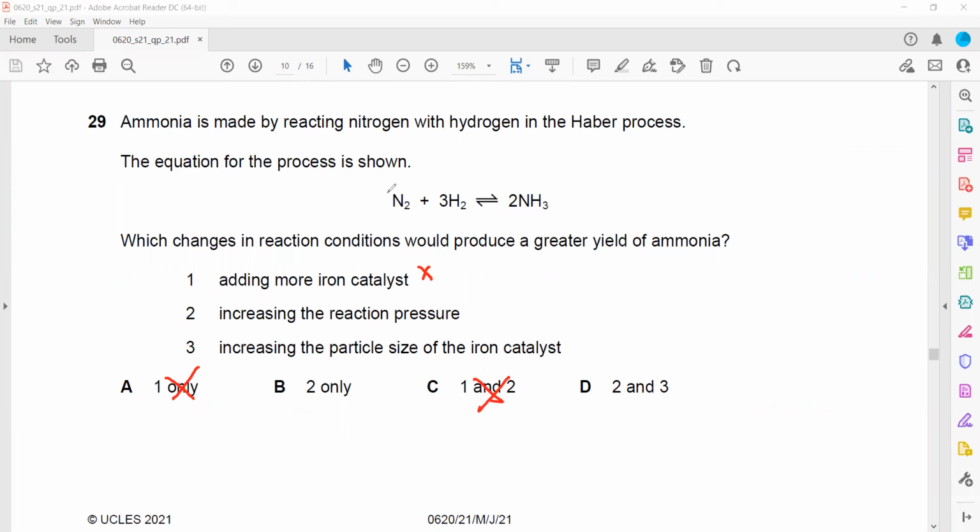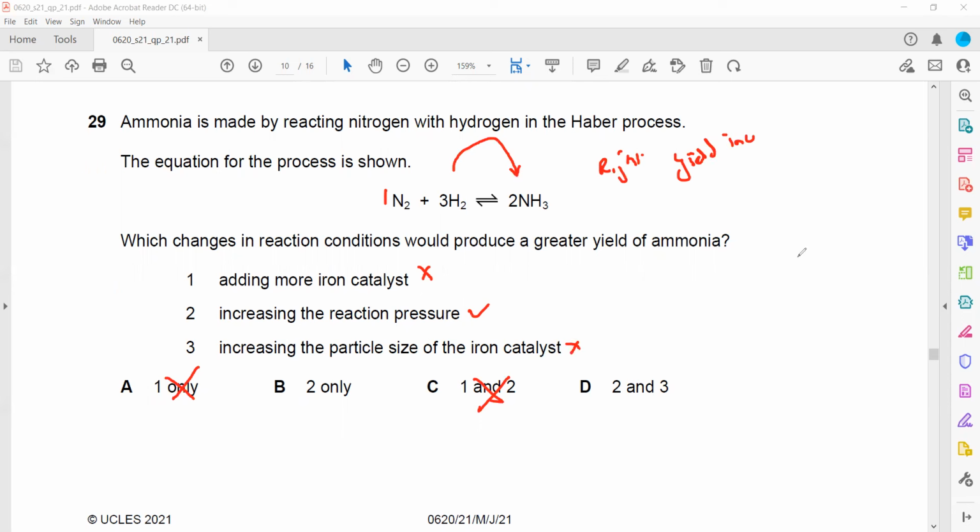Increasing the pressure: when we increase the pressure, equilibrium will shift towards the side where the number of moles is less, so it will shift towards the right hand side. Whenever equilibrium shifts towards the right hand side, the yield will increase. So any option which includes 2 is correct. Then increasing the size of particles of the iron catalyst: changing the catalyst amount, increasing or decreasing, only affects the rate.